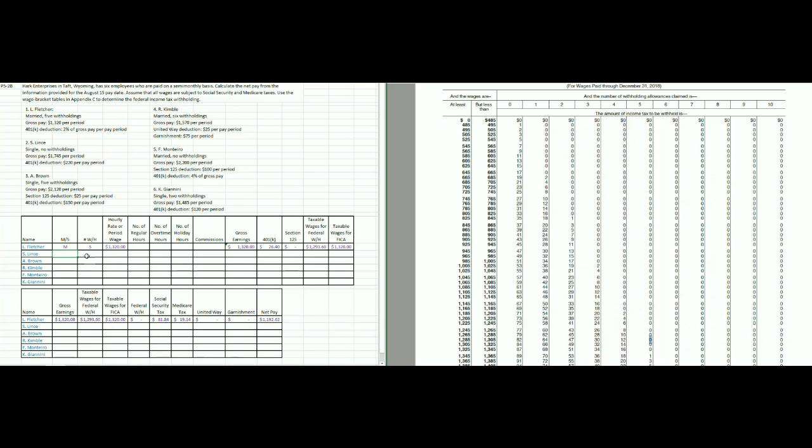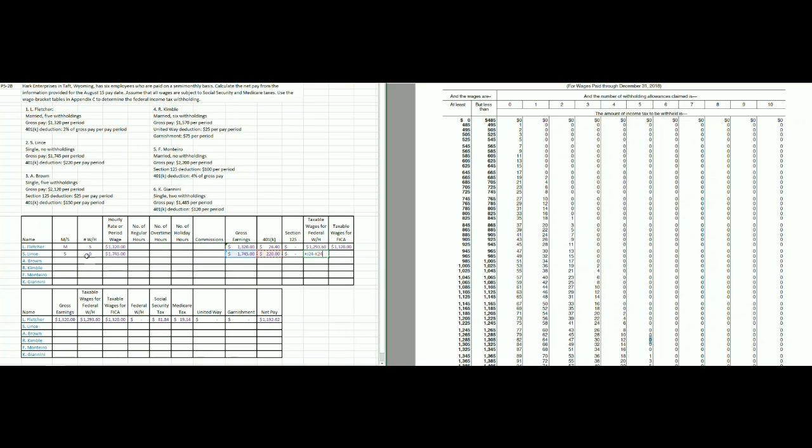Continuing on to S. Lentz, who is single with no withholdings and earned this period $1,745, giving gross earnings of $1,745. Lentz contributes $220 to the 401k plan and does not contribute to a Section 125.